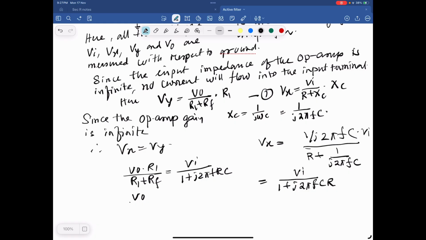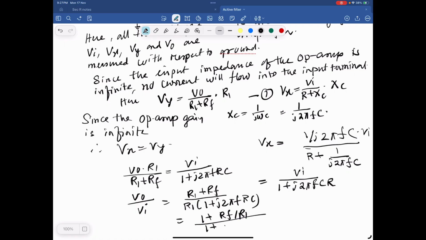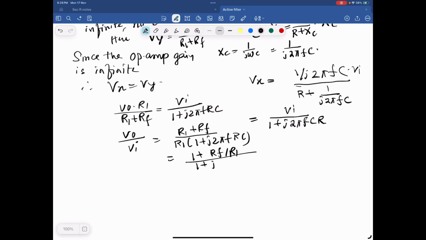So Vo by Vi is equal to R1 plus Rf by R1 into 1 plus j twice pi f RC. If I divide the numerator by R1, it will be 1 plus Rf by R1 divided by 1 plus j twice pi f RC.